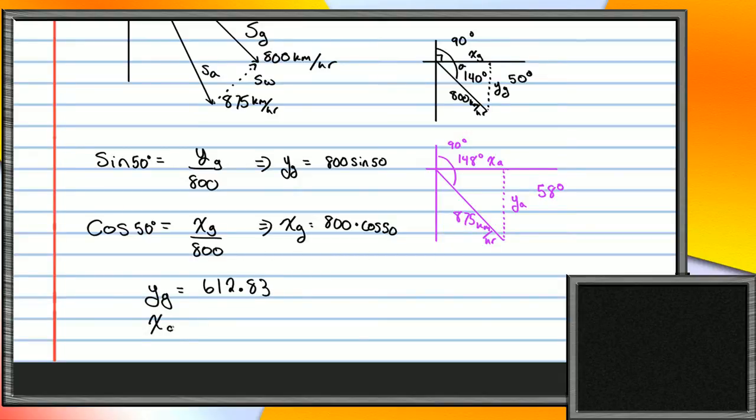And our x ground speed, 800 cosine 50, is 514.23. So that's the x and y components for the ground speed. Does that make any sense? Is that too fast? Like, how is this so far?